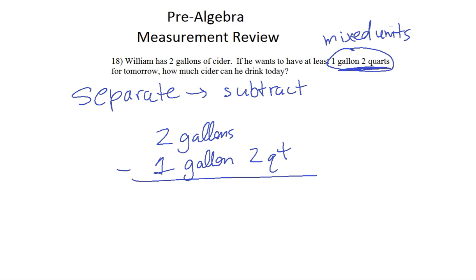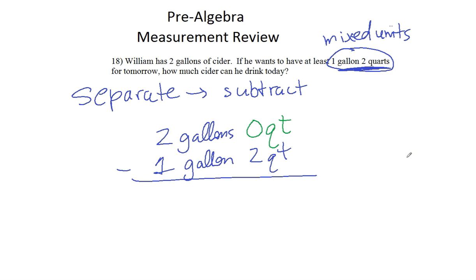So here, there's a trick to this one. What I have to remember is that right now on the top, I don't have any quarts written down right there. And with subtraction, that's going to be important here. When the top number is missing, it's really 0 quarts. We're starting with 2 gallons and 0 quarts, all right? And I need to keep that in mind here.